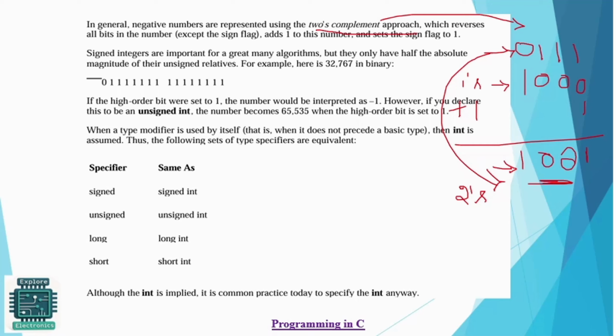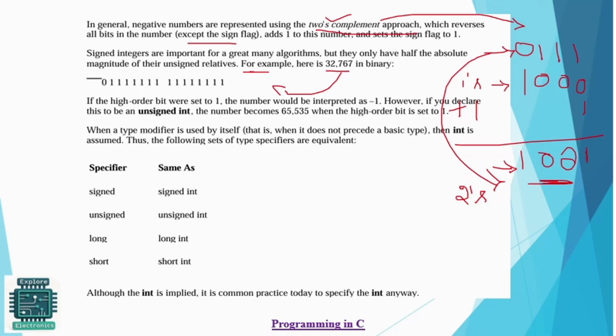Now, this reverses the same thing we were given, but here except the sign bit, we will implement this two's complement approach. Now signed integers are important for a great many algorithms, but they only have the absolute magnitude, or unsigned relative. Here an example is given. For this, we can express this number in binary form.